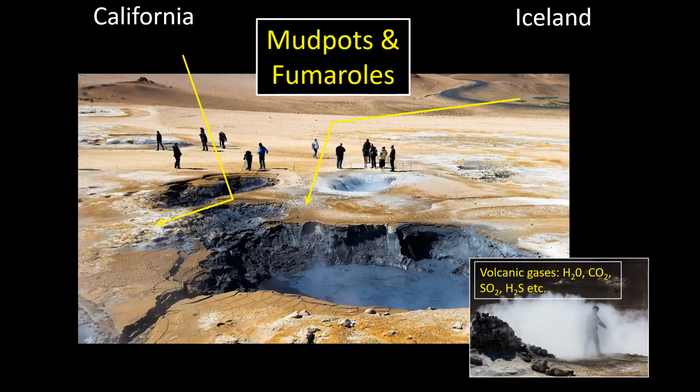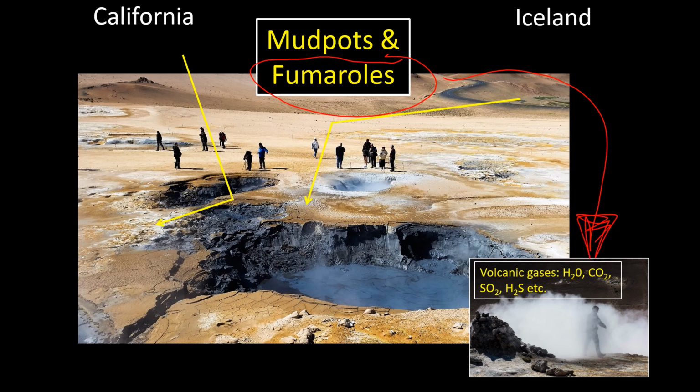Not only geysers and hot springs, but Iceland is also known for its mud pots. And what happens here, it really is the same process. You have warm to hot water migrating up to the surface, and along the way, if it's moving through muddy sediments, it can loosen the mud and bring the mud up to the surface. And instead of a geyser or a hot spring, you get what's called a mud pot. And then a fumarole, on the other hand, is simply a volcanic gas vent.